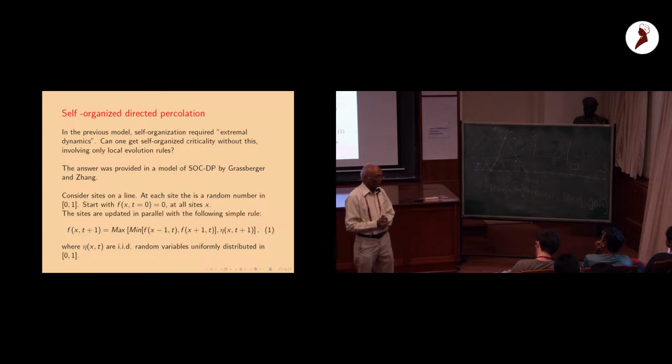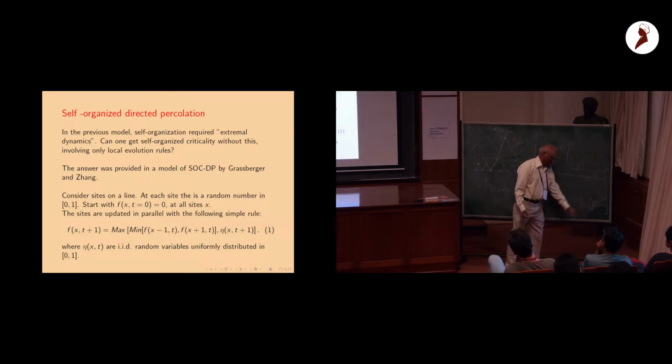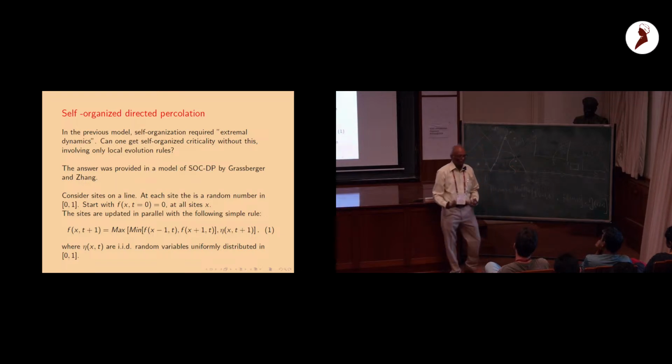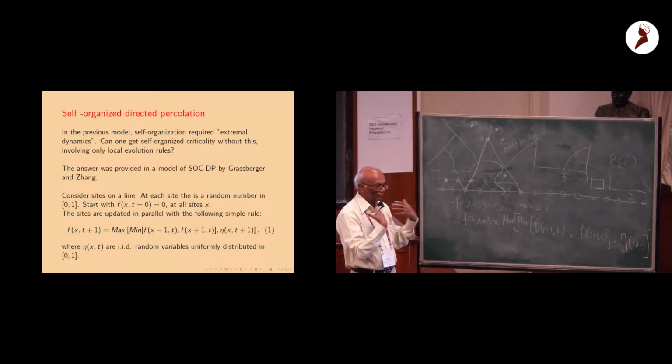But if you have local dynamics, then it turns out that this rule is not working, because the path which has the least values of eta from a point may be some funny graph. There is no simple recursion from t minus 1 to t which will give you these extremal paths, which are the best paths I should take in order to get the least value of f. So how to do this? This can also be done, but it requires slightly more work.